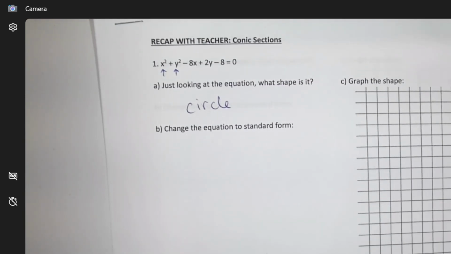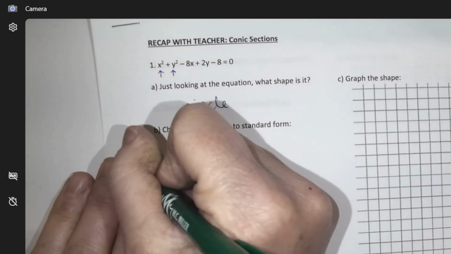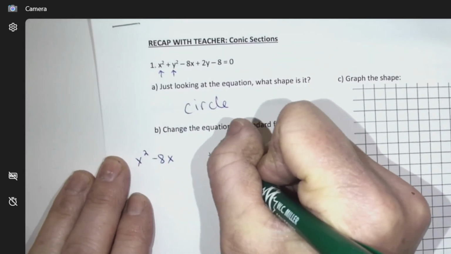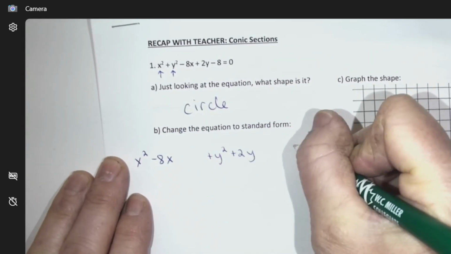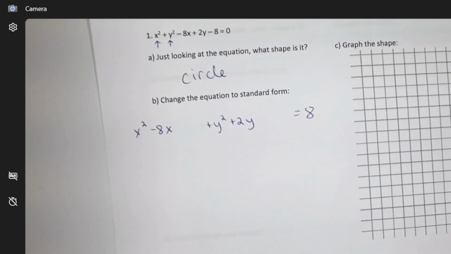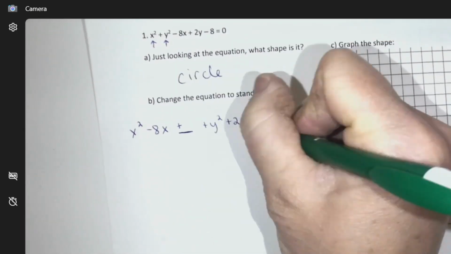Okay, changing it to standard form is this complete the square. So what I'm going to do is I'm going to group my x's together, my y's together, move the number. Okay, so now I complete the square with a plus blank.